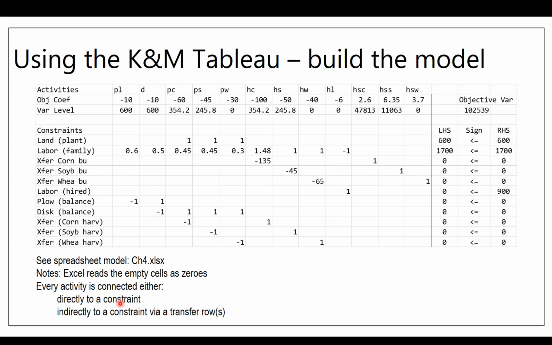And so either it's going to be directly constrained, in this case, the activities that use labor will be directly constrained by the labor constraint. The planting activities will be directly constrained by the land constraint, and then the other activities will be indirectly constrained either by land or labor or both.